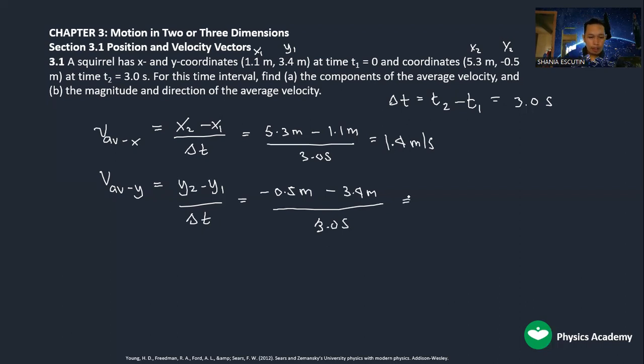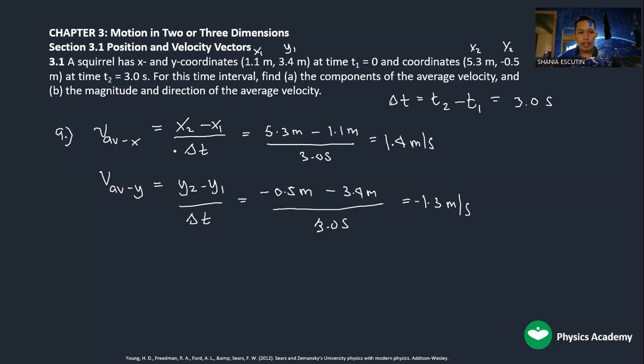So we have negative 0.5 minus 3.4 divided by 3, which gives negative 1.3 meters per second. That's for letter A.